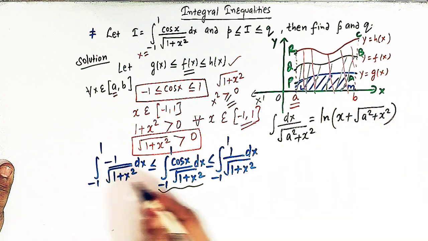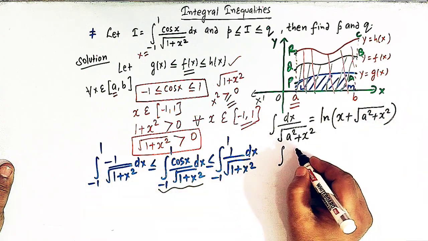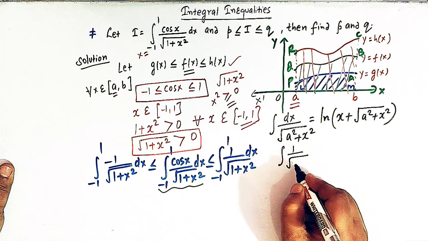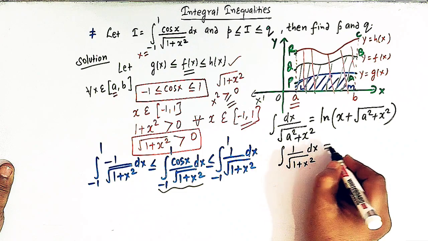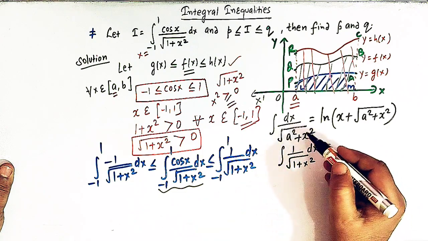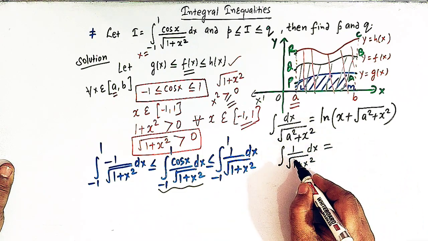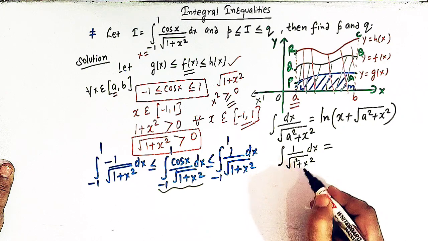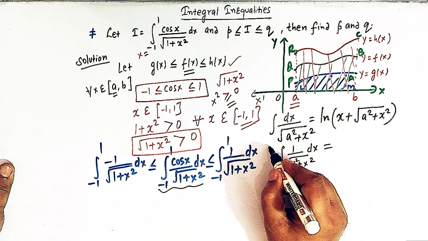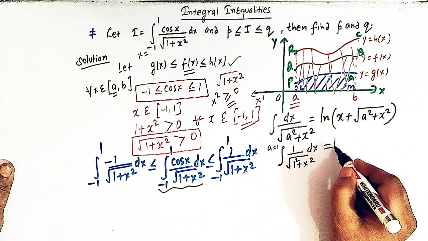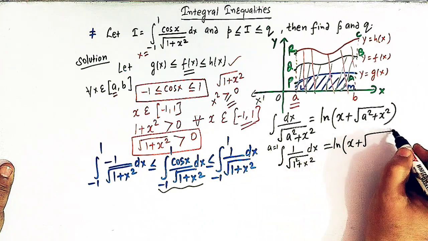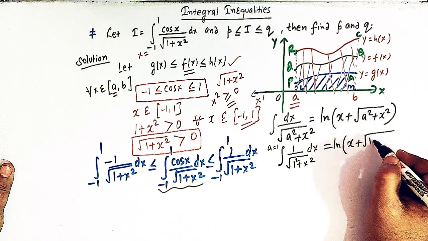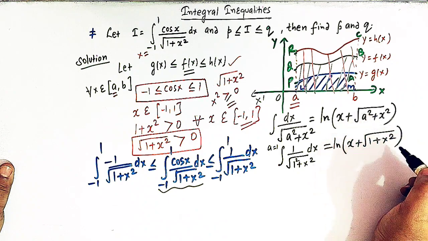So here we have integral 1 over square root of 1 plus x square dx. This integral is similar to this one. Here we have 1, so this can be written as 1 square, so the value of a is 1. So we have log of x plus square root of 1 plus x square.